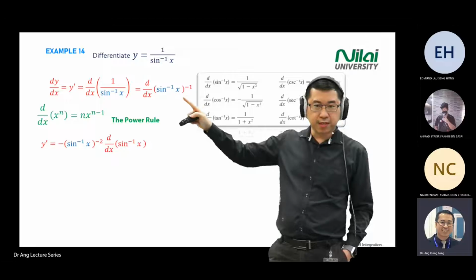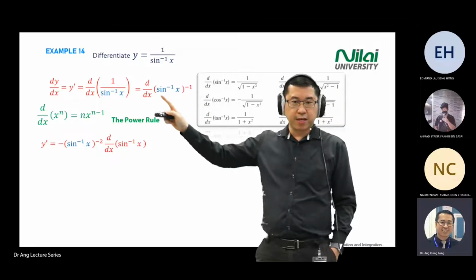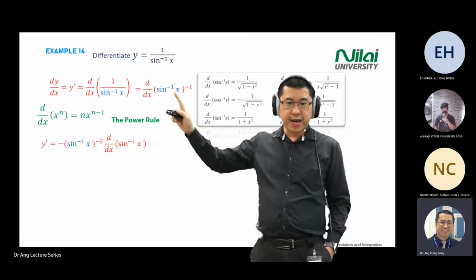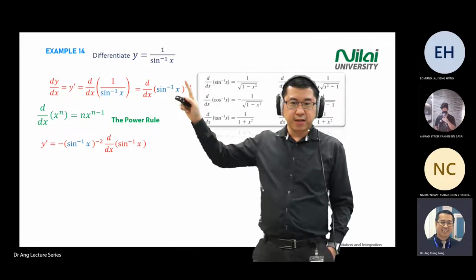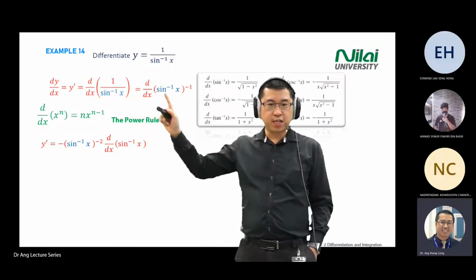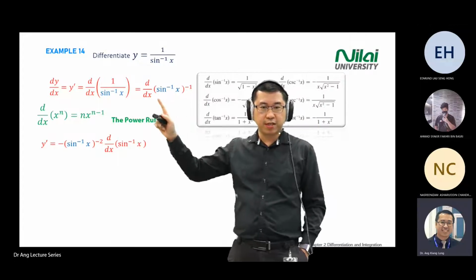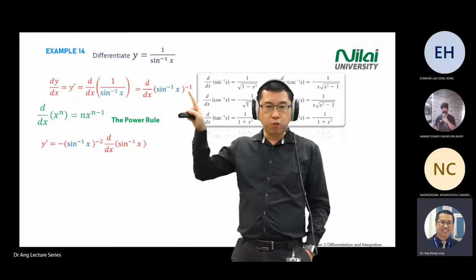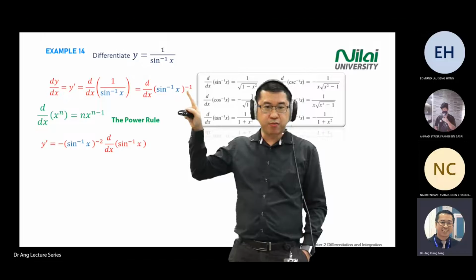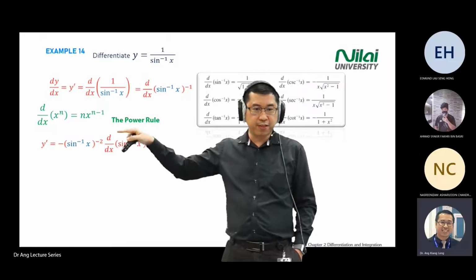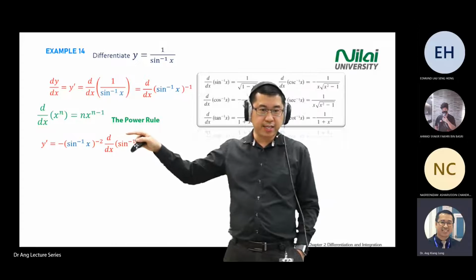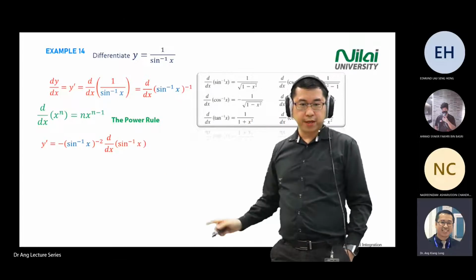For example, this equation, you differentiate sine minus 1 x, or inverse sine with the power minus 1. So what you do, you see this one as a normal equation. You pull the minus 1 to the front and copy this one and this one minus 1. That's why you get the first term there: negative inverse sine x with power negative 2.